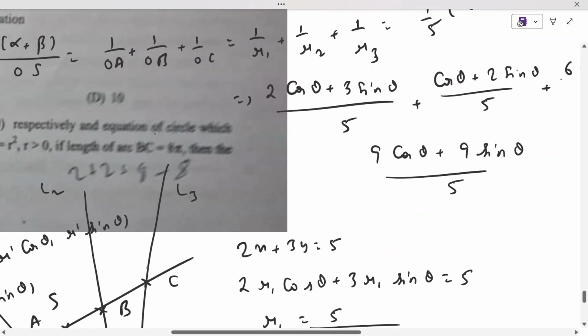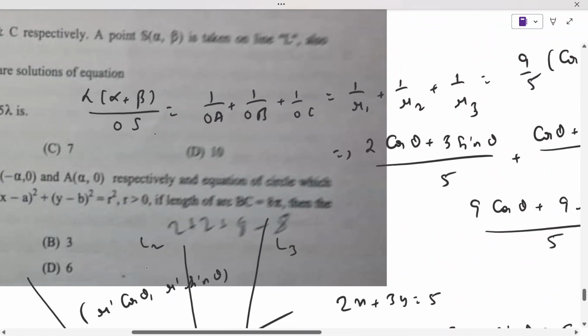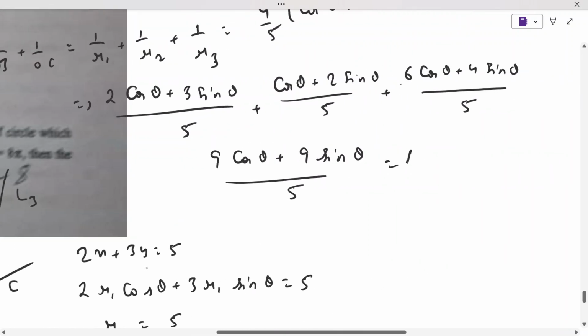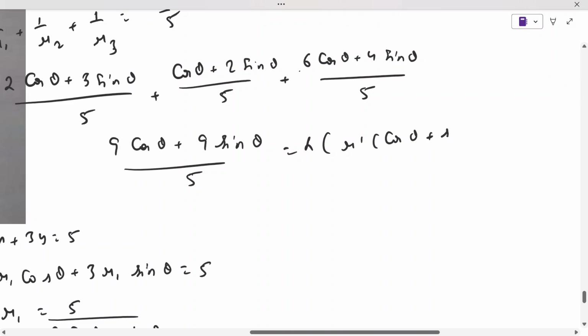So OS length is eventually R dash. This is lambda into alpha plus beta. So alpha plus beta will be R dash into cos plus sin for sure. So R dash cancels. Cos plus sin lambda is equal to 9 by 5, isn't it?